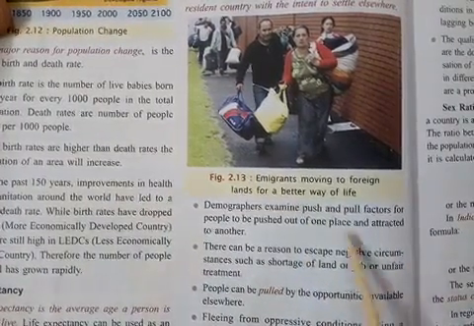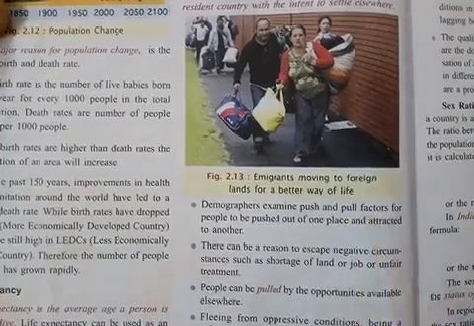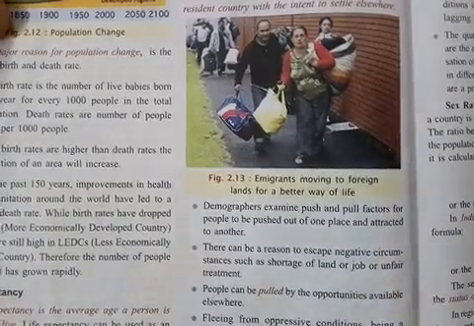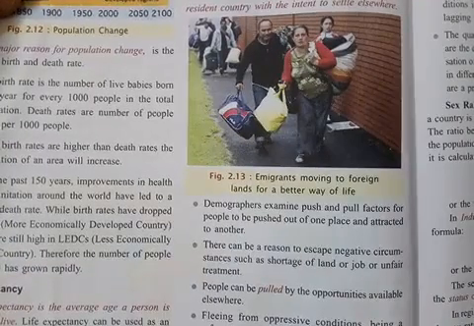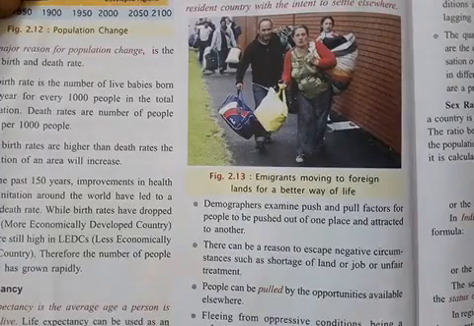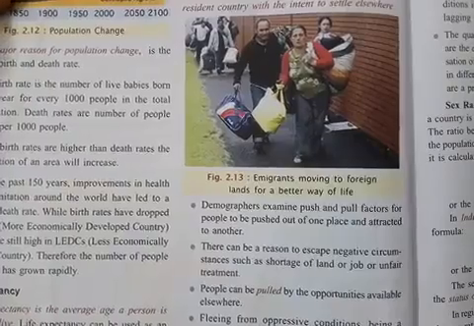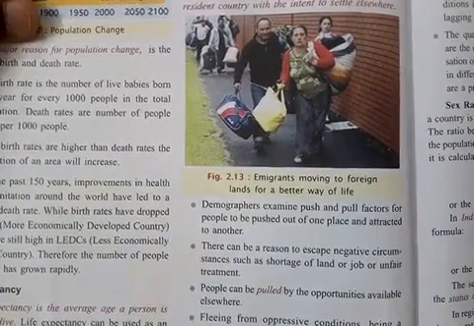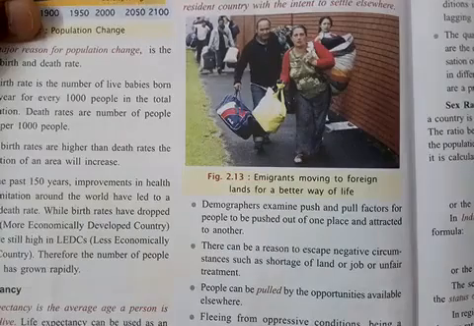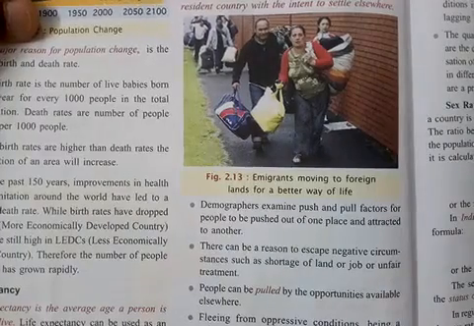Now let's see what is the pull factor. From India, a large number of students who pass out from IITs, we call them IITians, have a great demand in American countries and also in European countries.